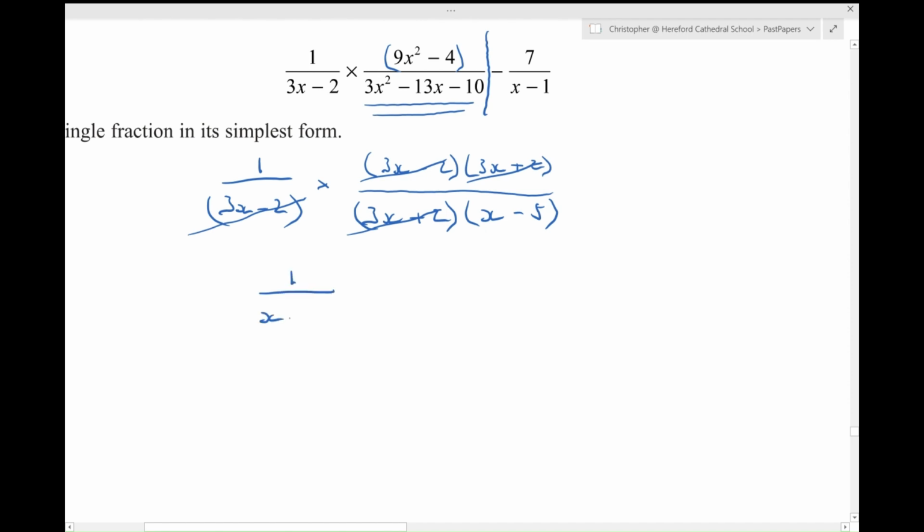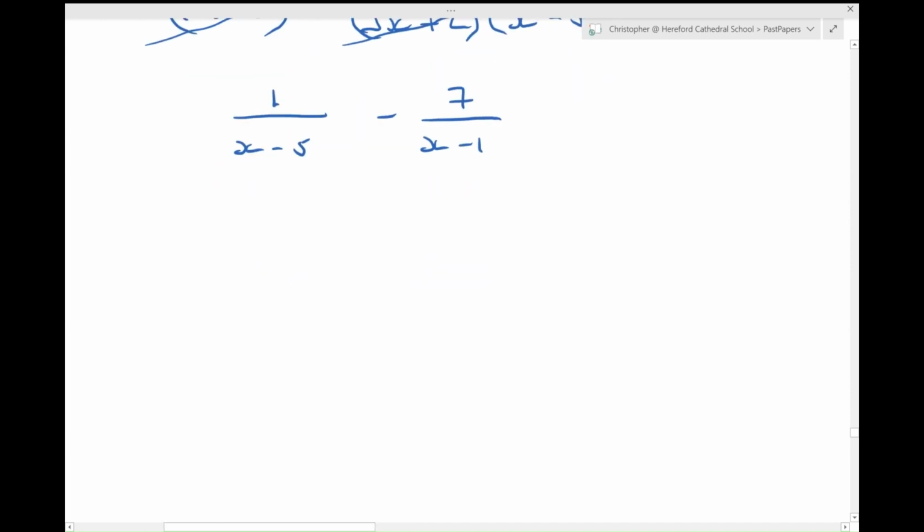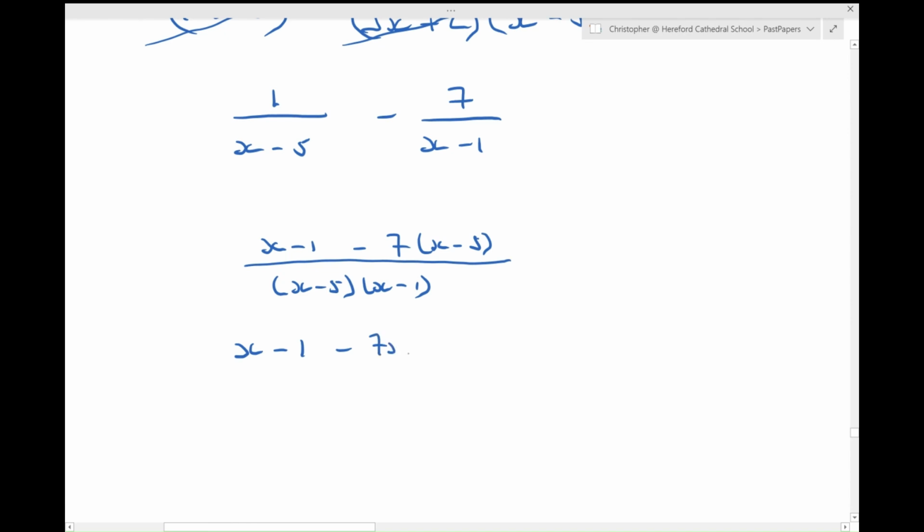over x minus 5, from which I have to subtract 7 over x minus 1. So let's write those with a common denominator of x minus 5 multiplied by x minus 1. It's going to give me 1 times x minus 1 minus 7 multiplied by x minus 5, which is x minus 1 minus 7x plus 35 all over x minus 5 lots of x minus 1. So let's simplify the top there.